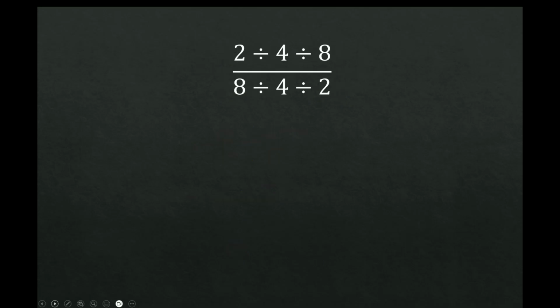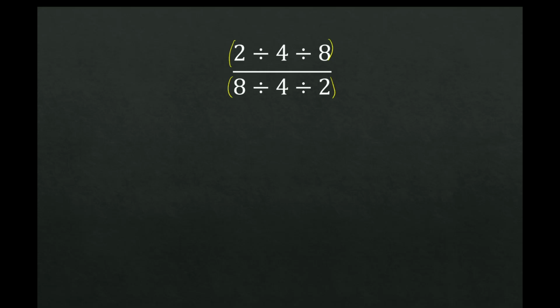Well, that brings us to the one we talked about at the beginning. 2 divided by 4 divided by 8 over 8 divided by 4 divided by 2. So you can break it down and think about it as the numerator part divided by the denominator part in parentheses. Either way, you are going to think about these as being in parentheses.